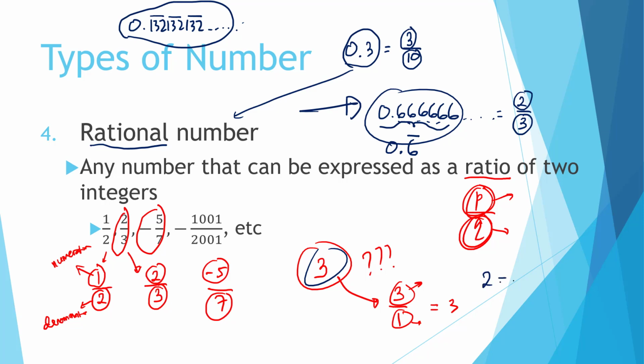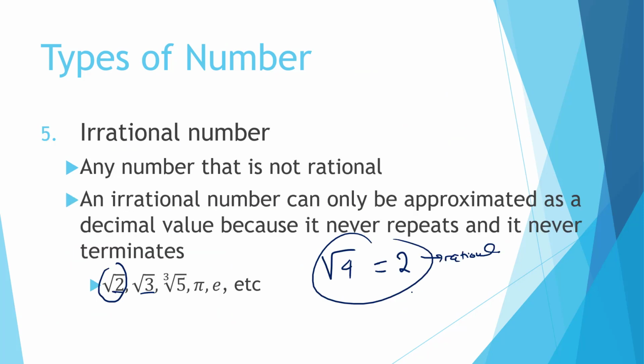So 2 can be written as 2 over 1. If you see a square root and want to determine whether it is irrational or not, you need to use the calculator. If you see a repeatable pattern, it means that it is not an irrational number. Okay, let's continue.